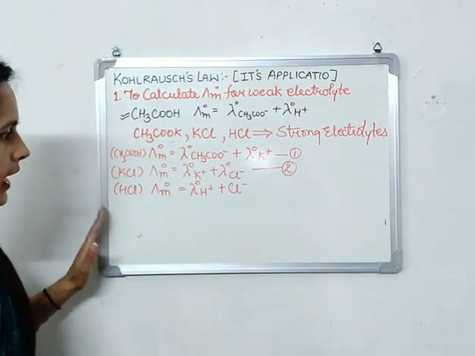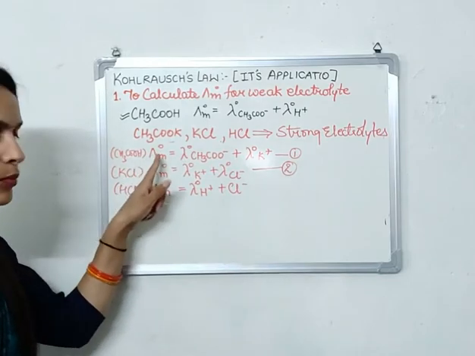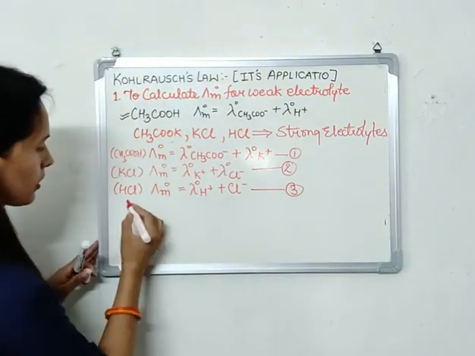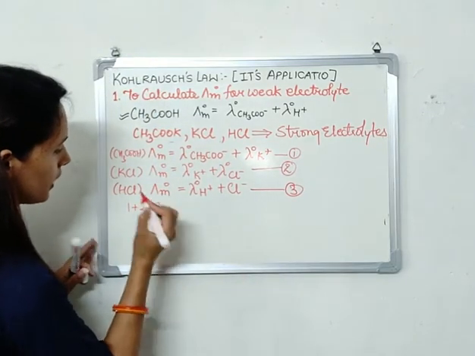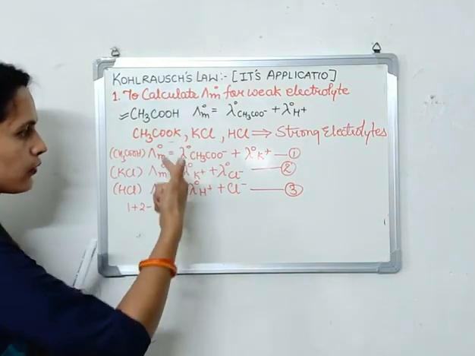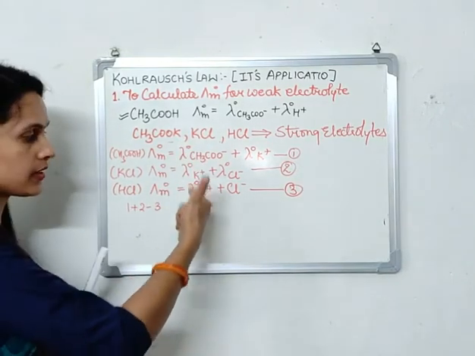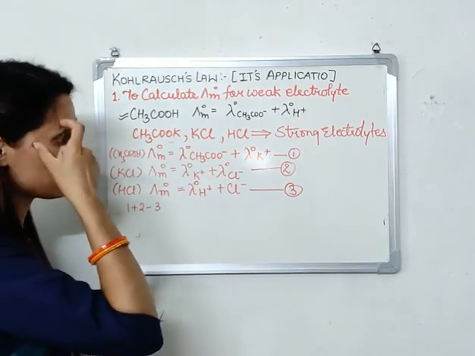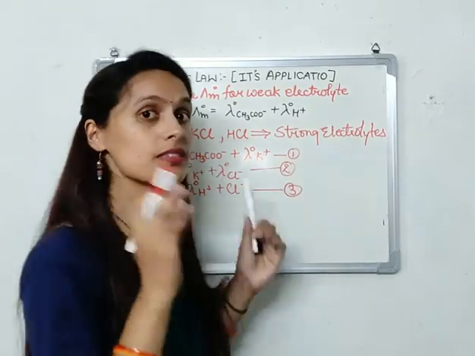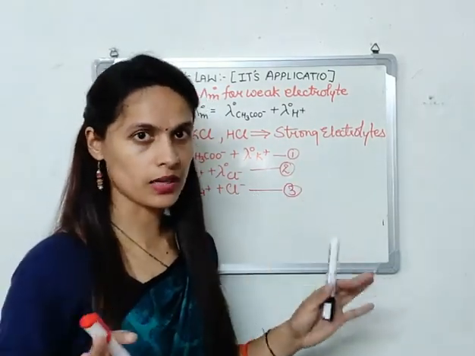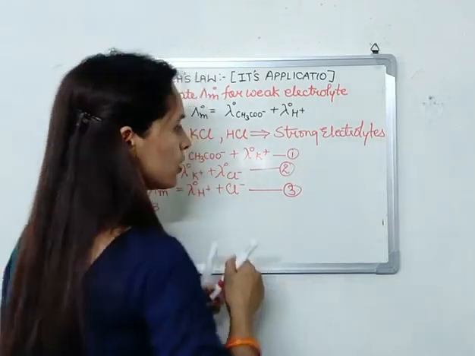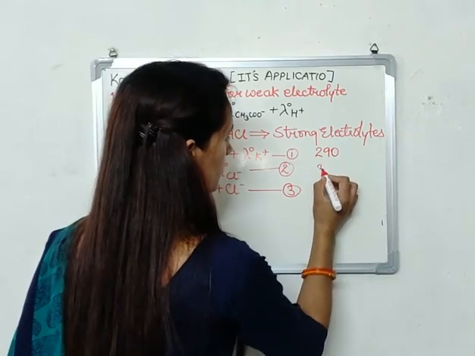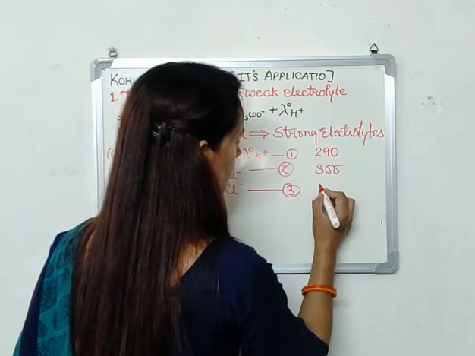Now, suppose I add the molar conductivity of first and third, and then subtract the molar conductivity of second, means 1 plus 3 minus 2. Suppose, I'm just assuming, it is not that I'm writing the exact value. So suppose its molar conductivity becomes 290, its molar conductivity becomes 300, and its molar conductivity becomes 173.